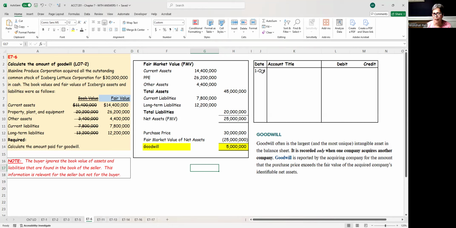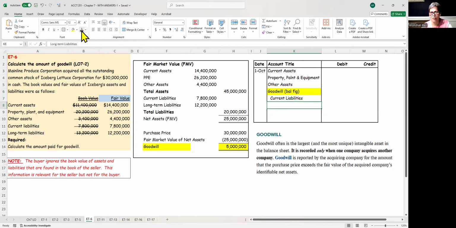So let's do the journal entry in the books of Mainline. Again, this is an acquisition. They've acquired another company. They got all their current assets, so they'll bring the current assets into their books. Here we're just grouping them and calling them current assets, property, plant, and equipment, and other assets. Now, I also have goodwill listed over here, or you could skip a line for now if you're just doing the journal entry.